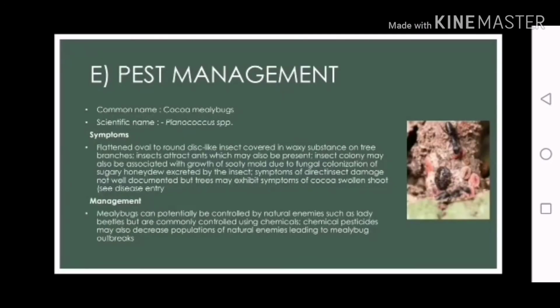And next is the pest management. The first pest is the cocoa mealybug. The symptom is a flattened oval to round disc-like insect covered in a waxy substance on tree branches. We can see that is the symptom. And this insect attracts ants which may also be present.